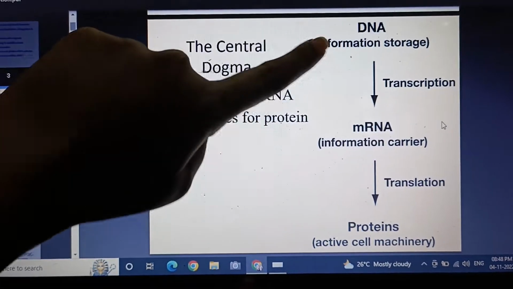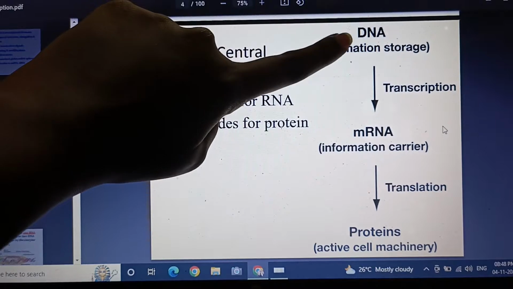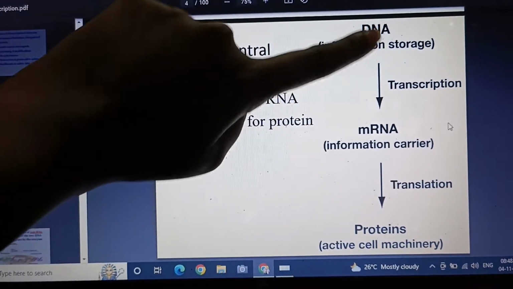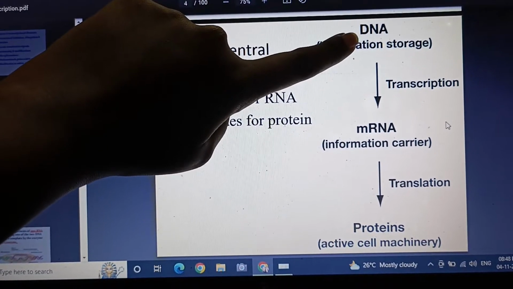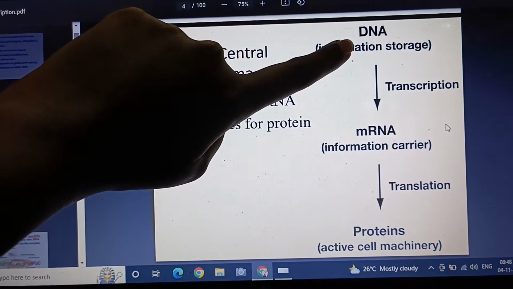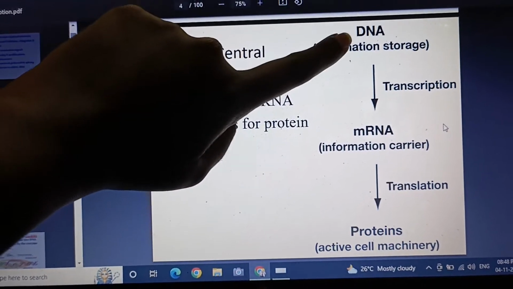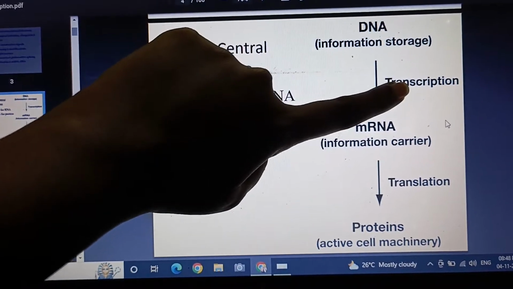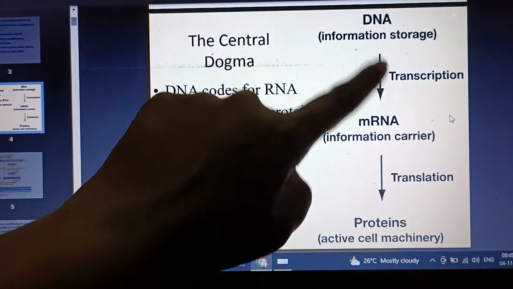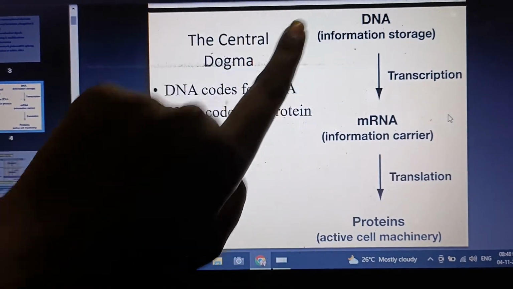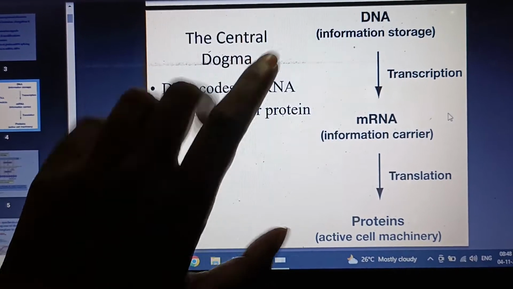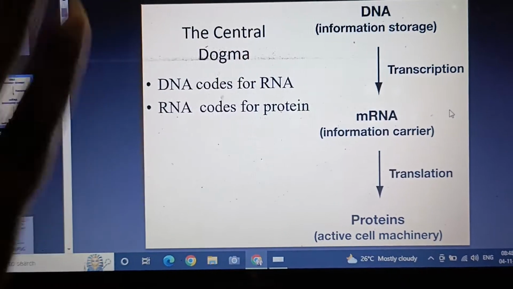Here, from DNA to RNA the information is copied. In the previous video, I told you DNA to DNA is the replication process, DNA to RNA is transcription, and RNA to protein is translation. The overall process is called the central dogma of molecular biology. In this chapter you must clear the concept.